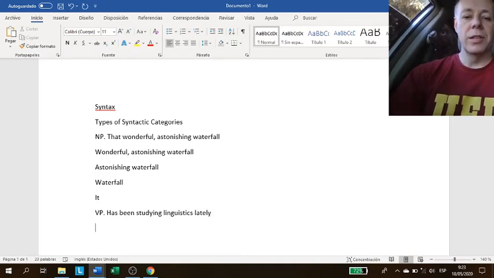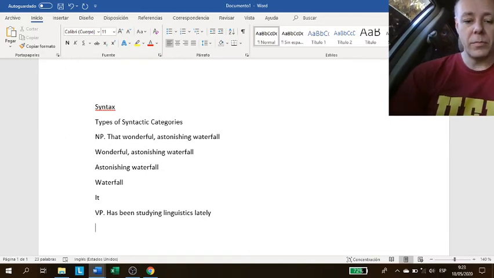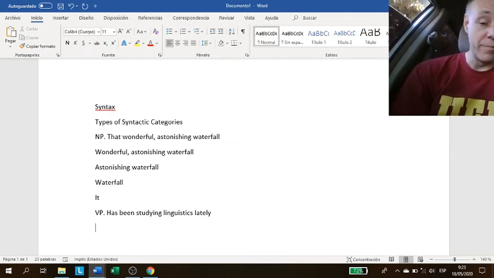Okay. Notice that this phrase is incomplete because it doesn't have a subject. It doesn't have a person. Yes. Notice also that it starts with a verb. Okay. The verb in this case is studying. It starts with an auxiliary verb, but a verb anyways.